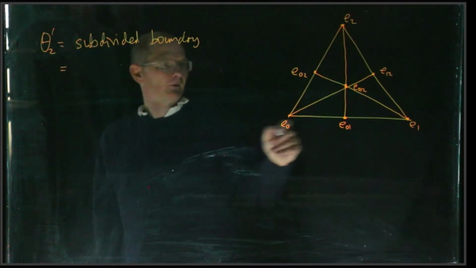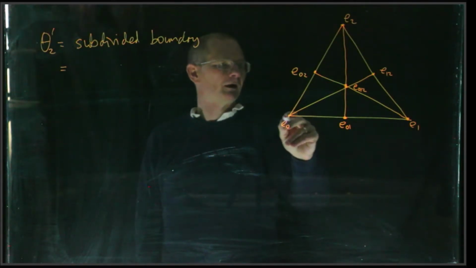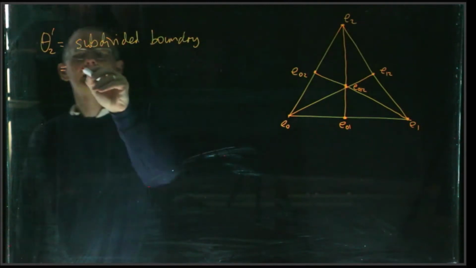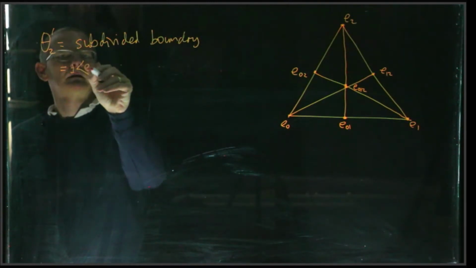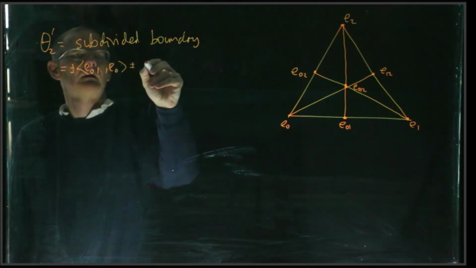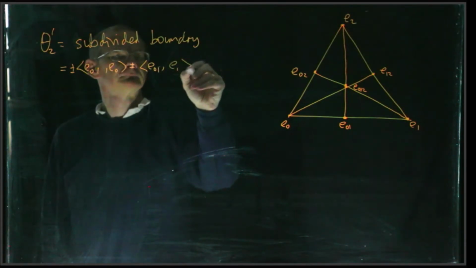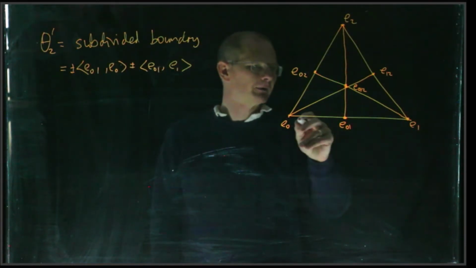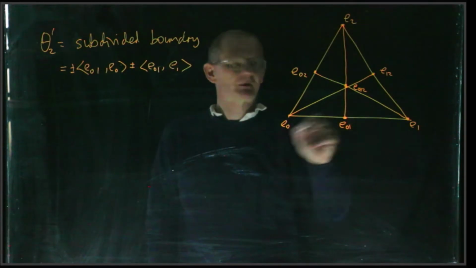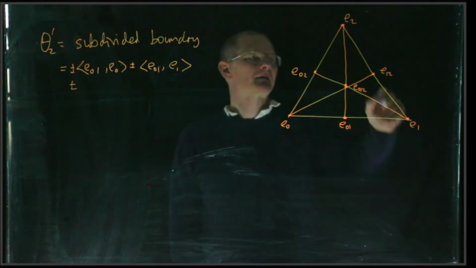So firstly, we've got the subdivision of this edge here, which is going to be, okay, just 2 pieces of this bottom bit. And then we do the same thing to this edge here.